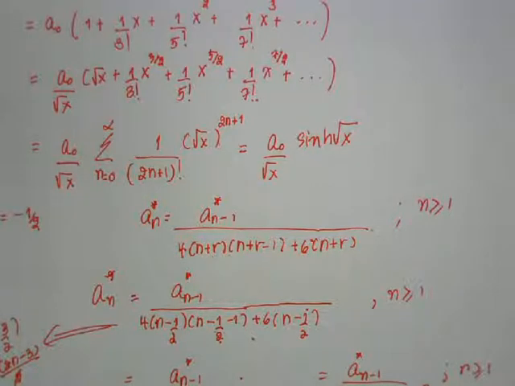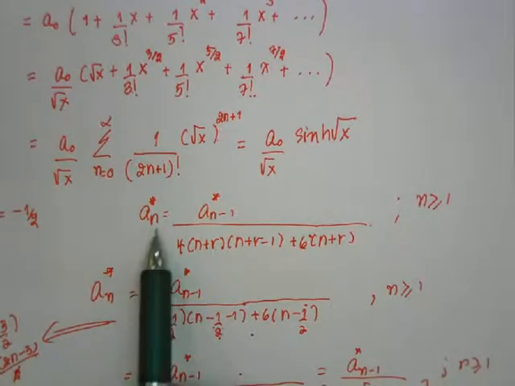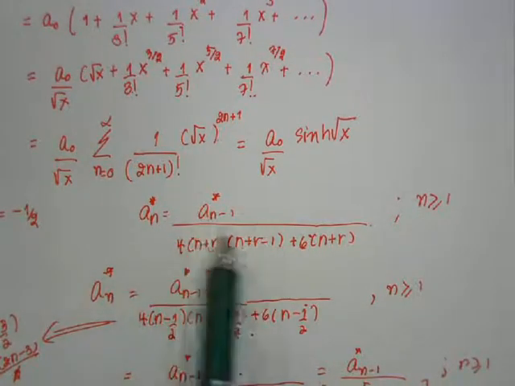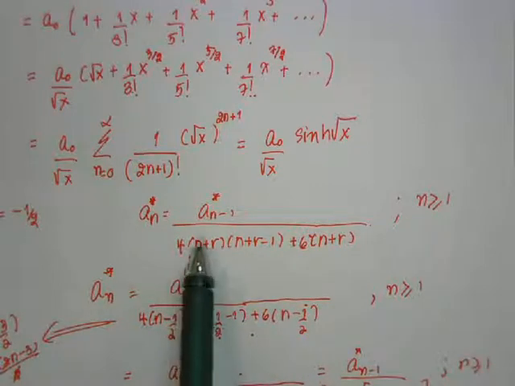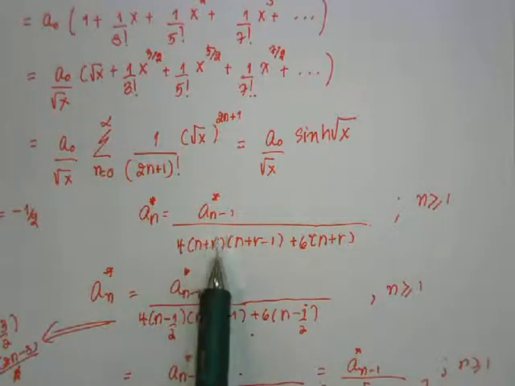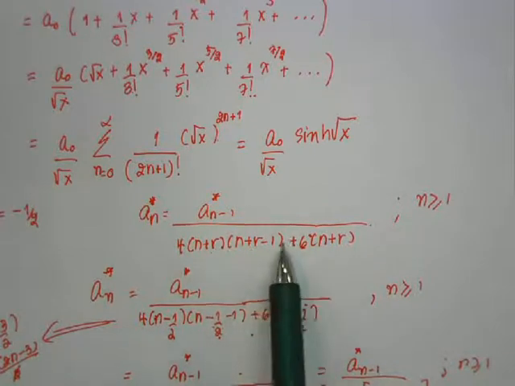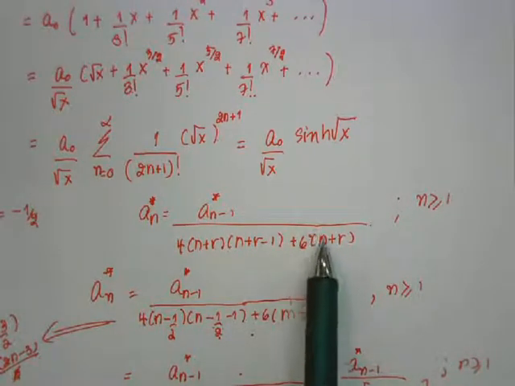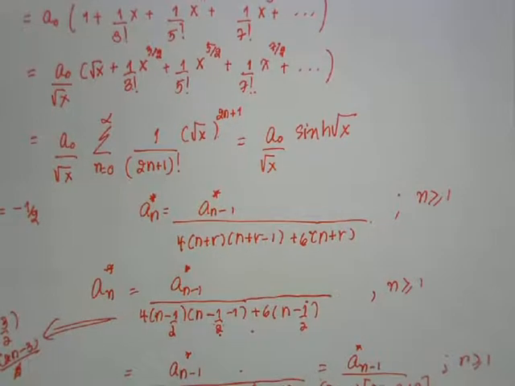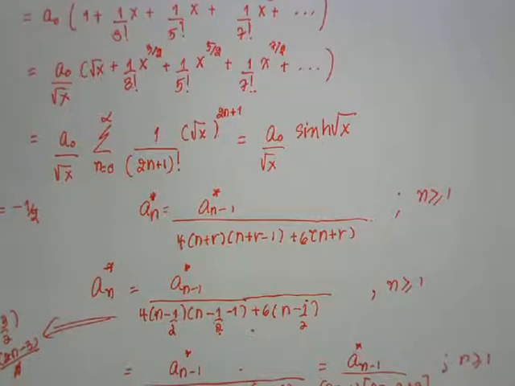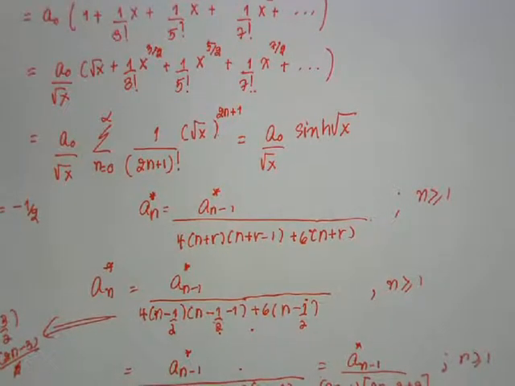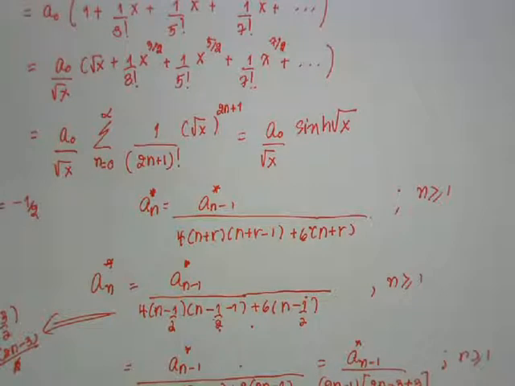You would get an again, so I would put it as an star, or you can put it as bn, equal to bn minus 1 divided by 4 times (n minus 1 over 2) times (n minus 1 over 2 minus 1) plus 6 times (n minus 1 over 2). That's fine. You can put it as a bn, or you can put it as a star in order to make it different from the first case.